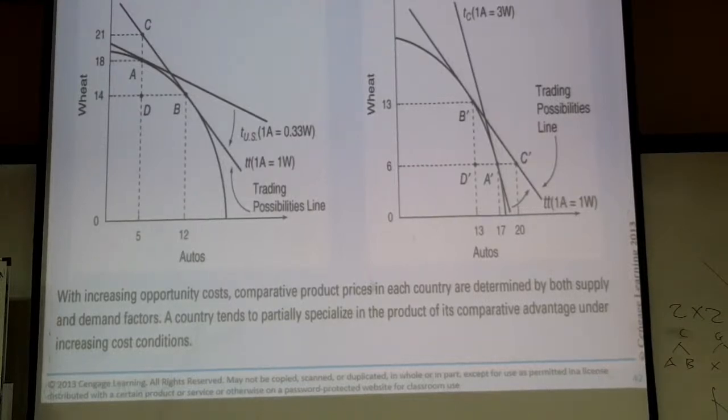You must specialize on the production possibilities frontier, anywhere. Must be on that. The specialization, which is the B and the B prime for Canada. Do you understand now?